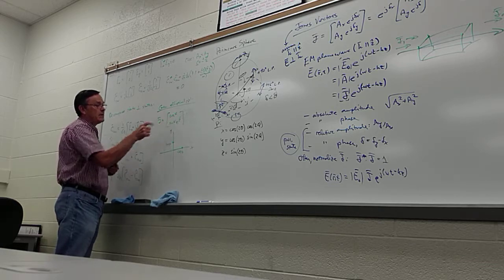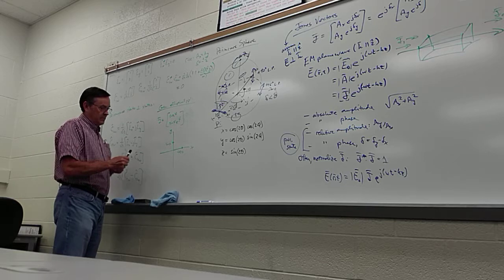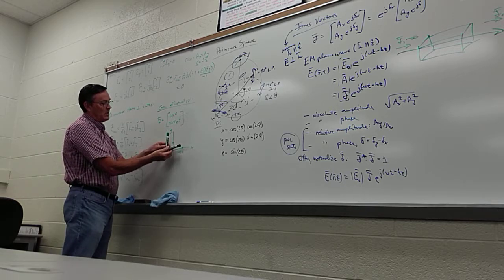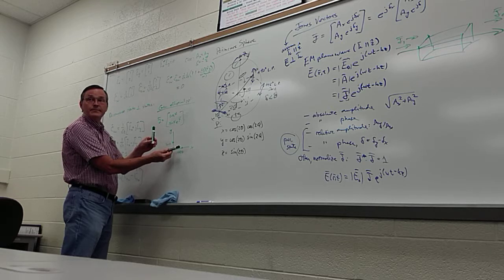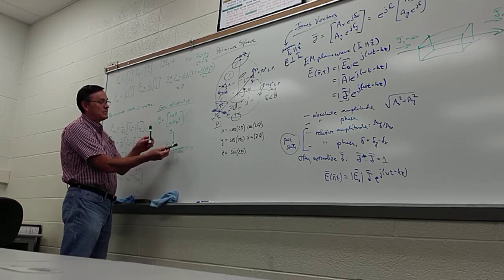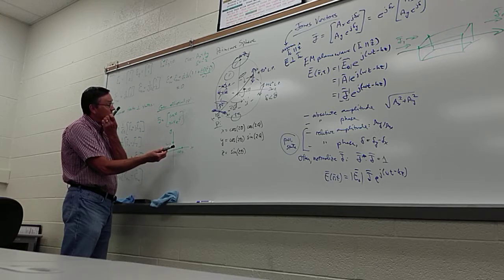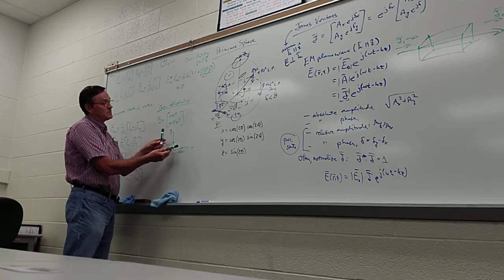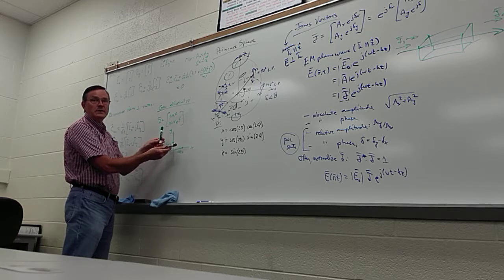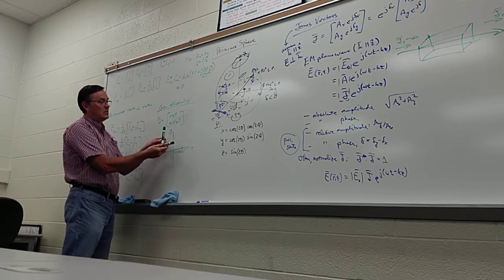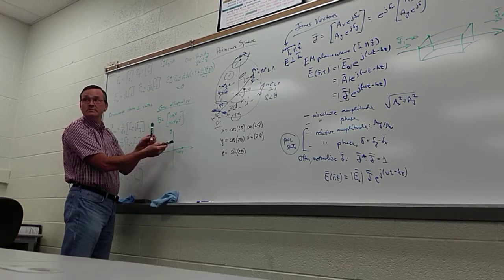And then delta is simply taking the y component and shifting it by delta, shifting it in the x direction. And how much do you shift it in the x direction? Well, it's just delta divided by 2 pi times the wavelength. That tells you what fraction of the wavelength it is shifted.